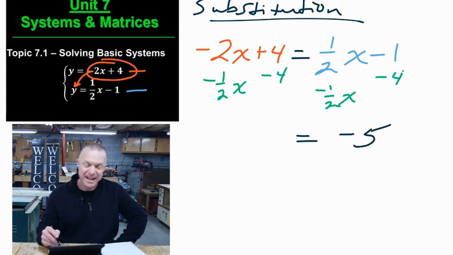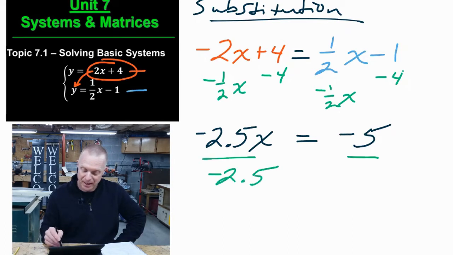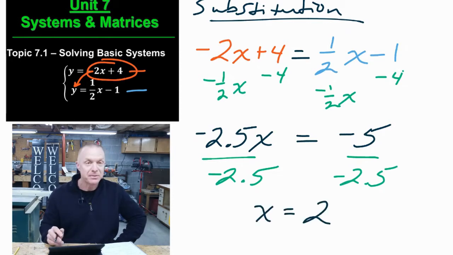If I subtract 1/2 x from both sides, then I have to do a little thinking about fractions, and I end up with negative 2.5 x. Now, if negative 2.5 x equals negative 5, then I can just divide both sides by negative 2.5, and I end up with the same x value. Of course, x equals 2. Remember, that's what we found in the other problem.